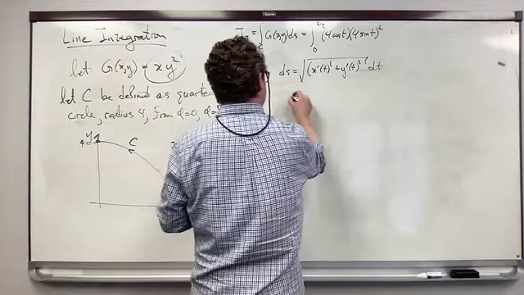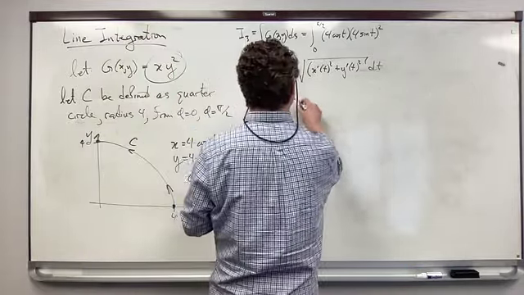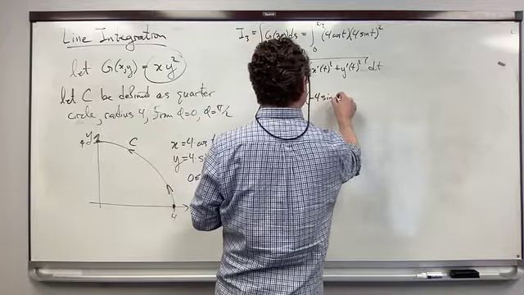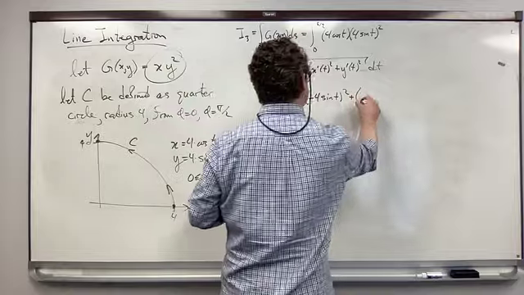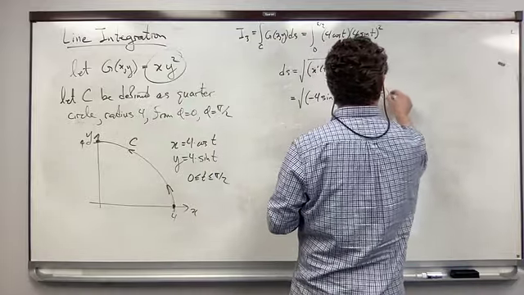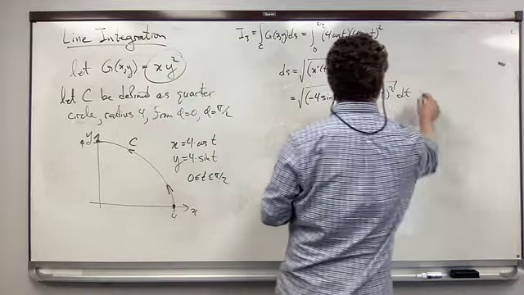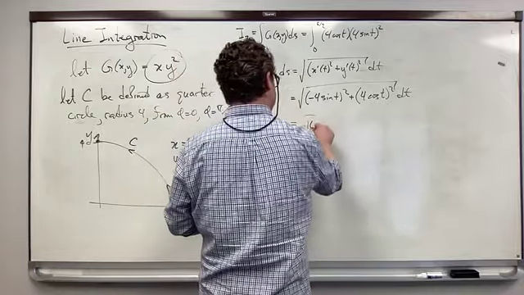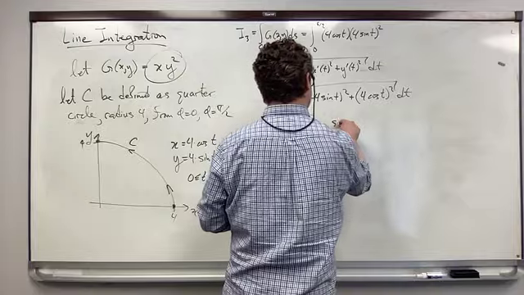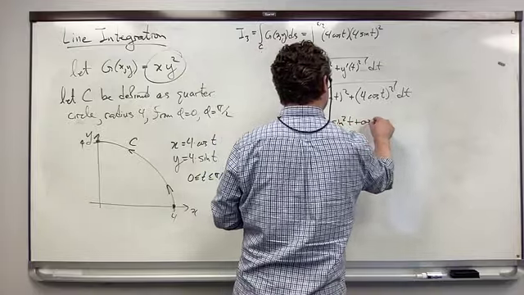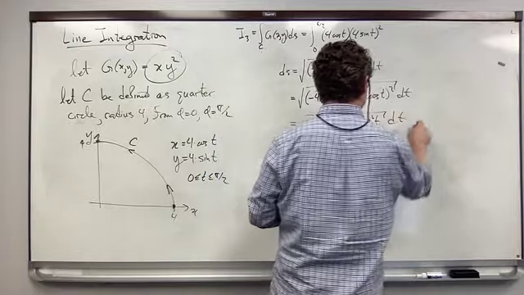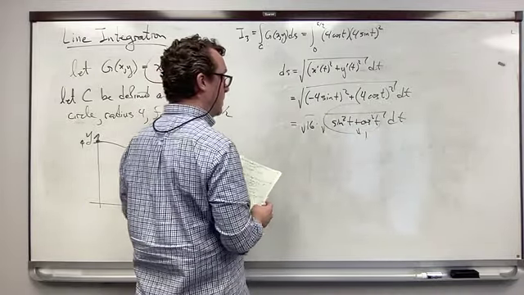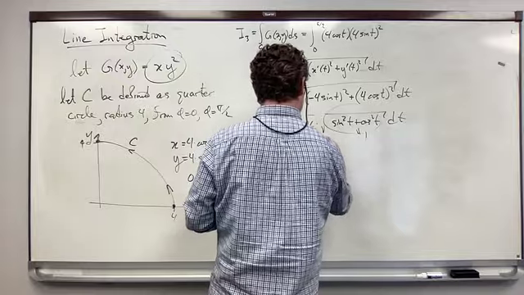So this is actually going to turn out easier than we would think. So this is square root, x prime was minus 4 sine t squared, plus, and this is 4 cos t squared, dt. So this becomes square root 16 times square root sine squared t plus cos squared t dt. This is 1, right? Sine squared plus cos squared equals 1. So this whole thing becomes 4 dt.